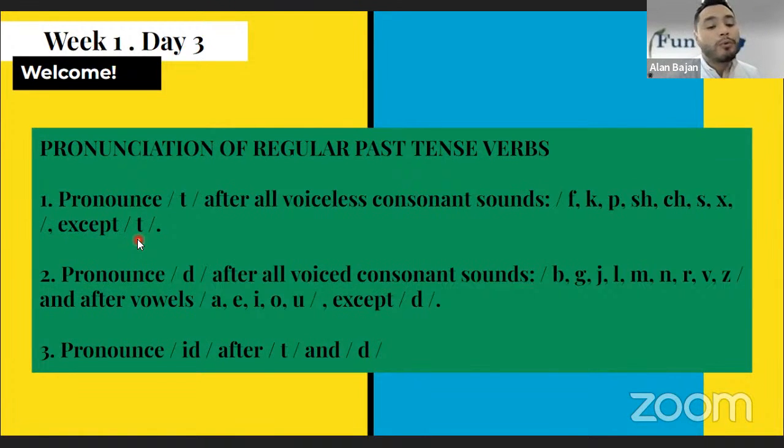Voiceless because when we pronounce them, there is no vibration in our throat. We pronounce in past tense with T at the end, the group number 1. We pronounce the verbs in past tense with the letter T at the end.